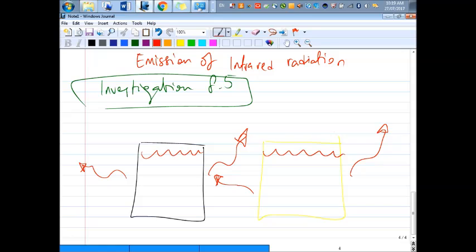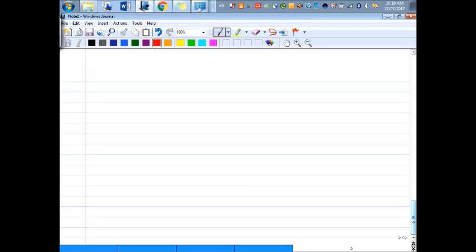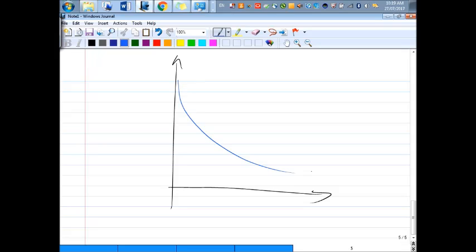You have a blue graph and a red graph. The blue graph is for the black tin, showing that as time passes, temperature drops faster. It has a steeper gradient. Okay? So the graph over here, this is what you have in your textbook.